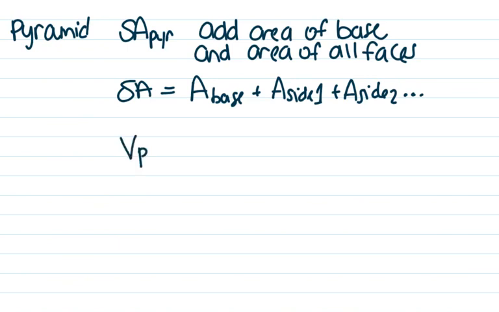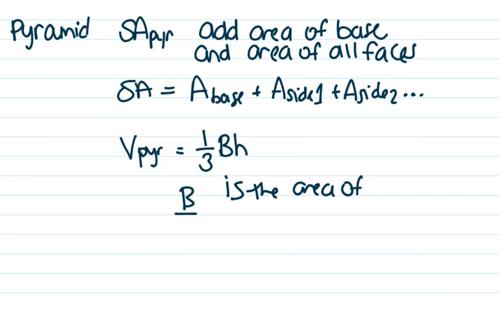And then the volume of a pyramid is 1/3 uppercase B H. So again, the B here is the area of the base. So the volume is 1/3 times the area of the base times the height.